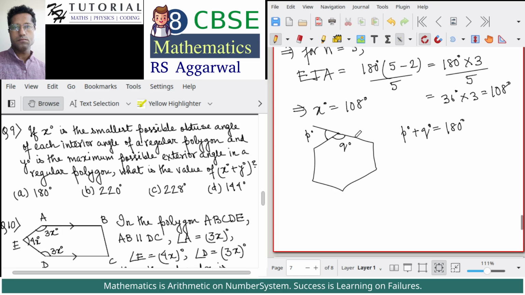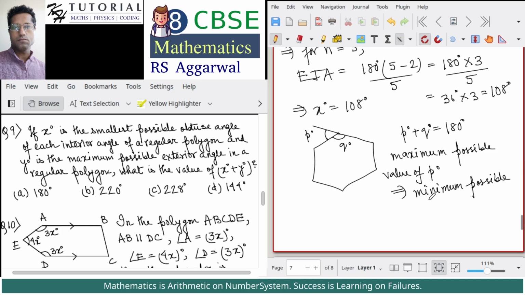The sum of an exterior angle and the corresponding interior angle of any polygon is always 180 degree. So p plus q will be 180 degree. If you keep on increasing p, q will decrease. So I can say that the maximum possible value of the exterior angle, that is p degree, will imply the minimum possible value of q degree, because when p is maximum, then obviously q will be minimum.